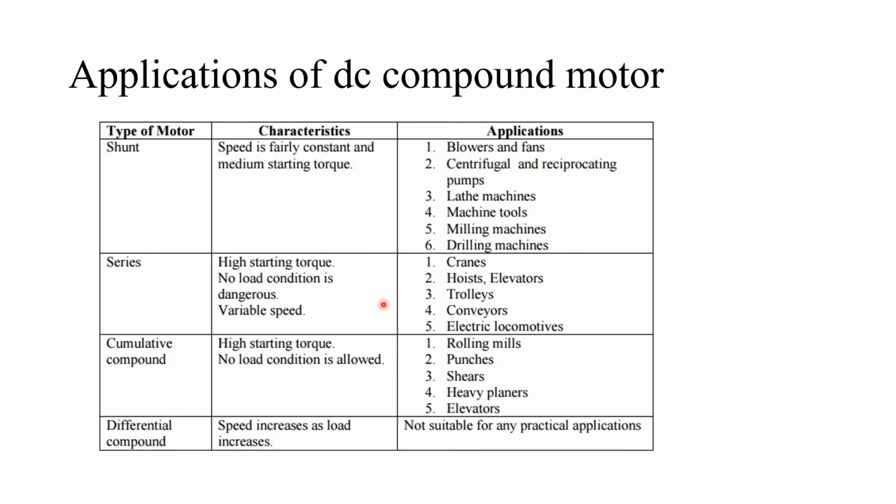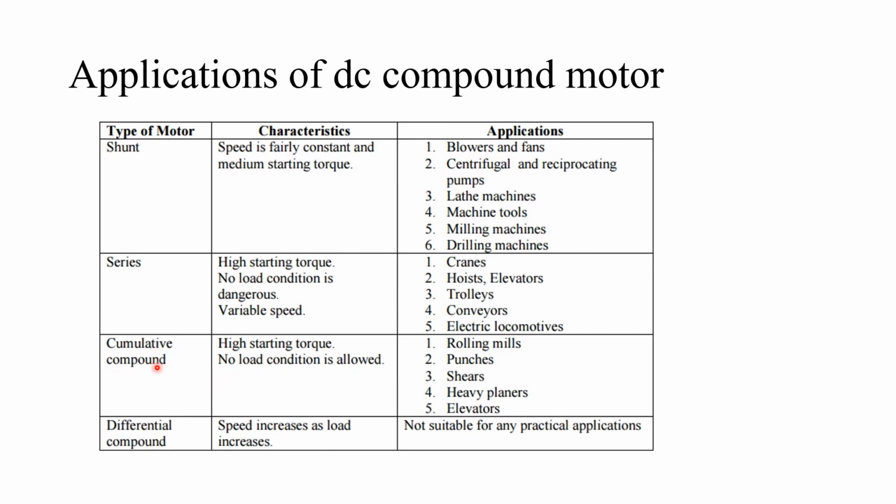Here you can see a chart that shows the types of DC motors and their characteristics and applications. We already discussed the characteristics and applications of shunt and series motors in detail, and here we will see the applications of cumulative compound machines.